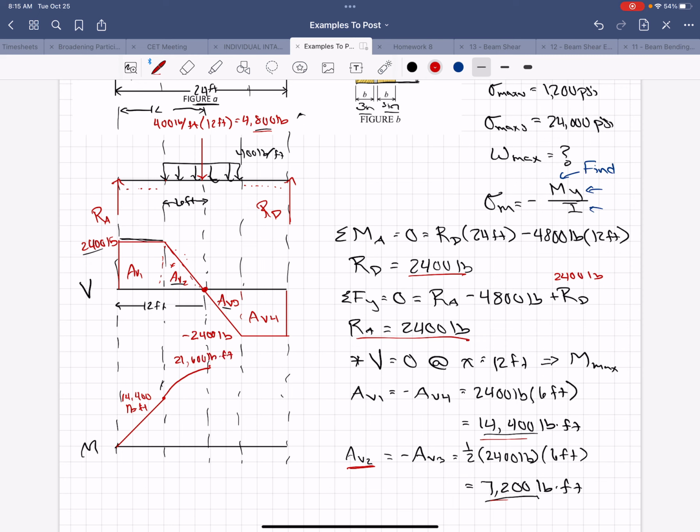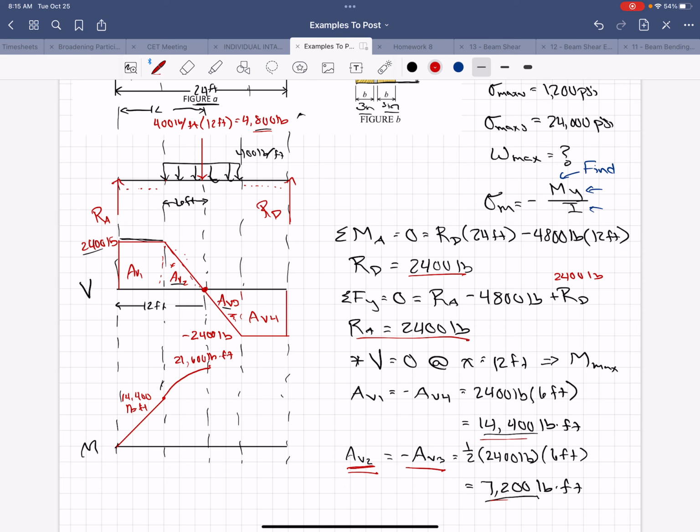All right, and then our third shear area was just the opposite of our second shear area. So now we have a negative shear area, so our slope is going to be opposite.